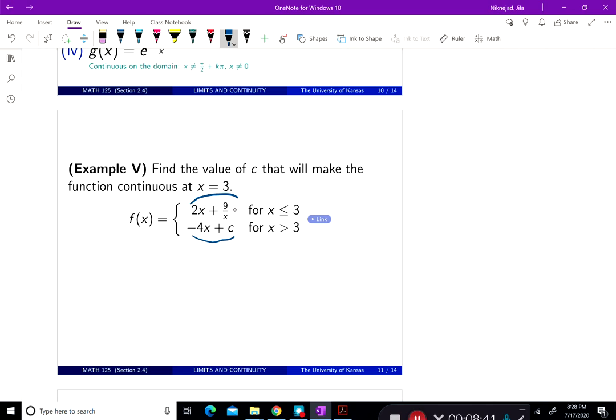That means this piece has a discontinuity at x equal to 0, and this piece has no discontinuity on the interval 3 to infinity, not including 3. What we're saying is that each piece is continuous, but the part where they are pieced together may not be.